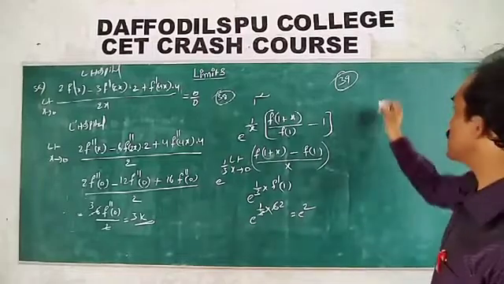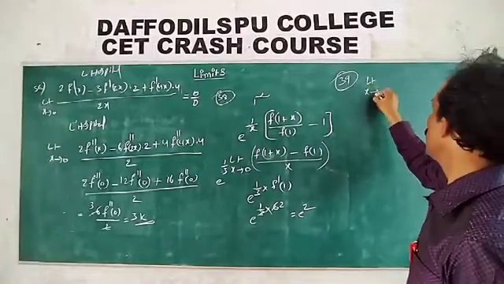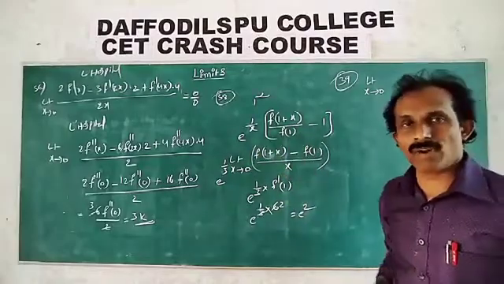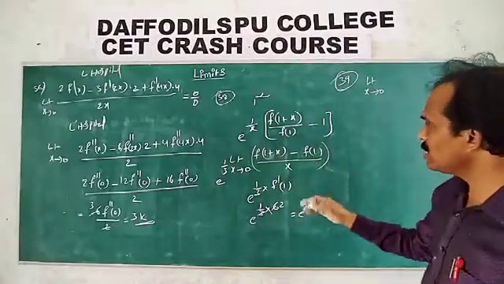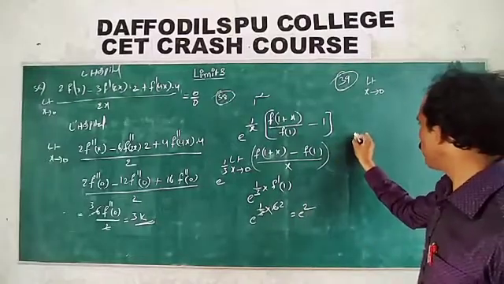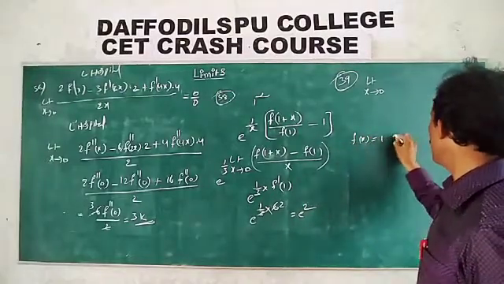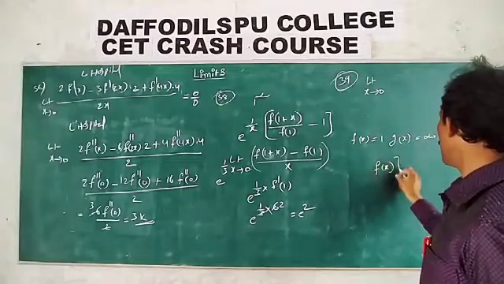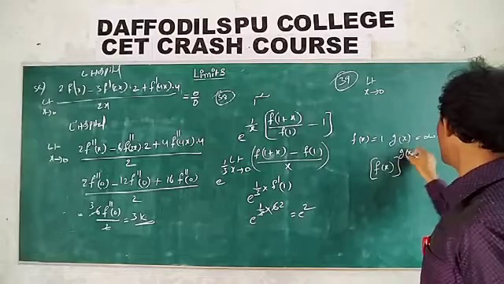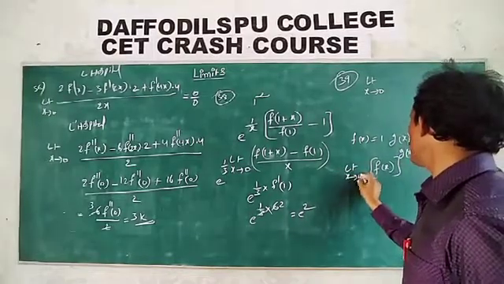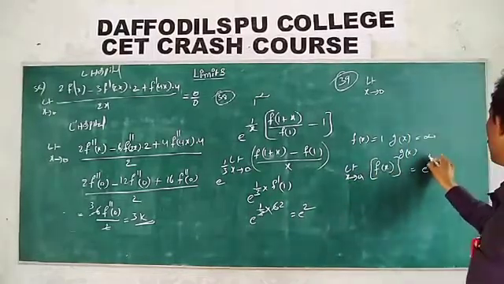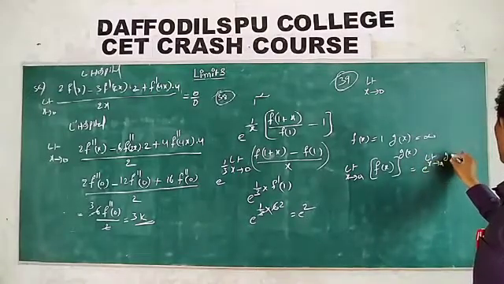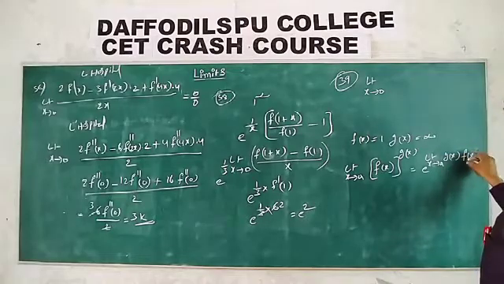The value of limit x tends to 0. Remember this formula. So many problems apply this type of formula. And one more formula is there. Suppose f of x is equal to 1 and g of x is equal to infinity. That means for a problem like this one, limit x tends to a, we can apply e power limit x tends to a g of x into f of x minus 1.